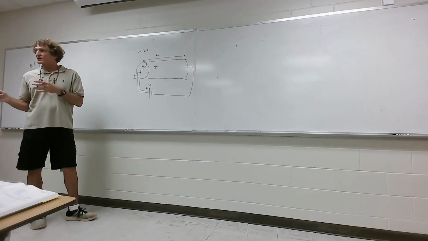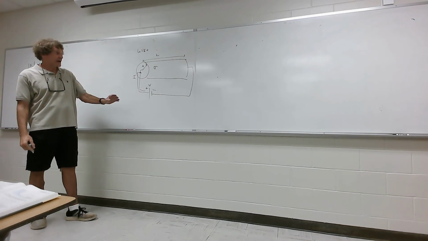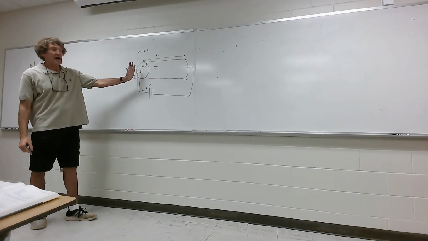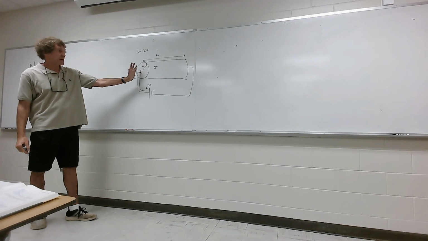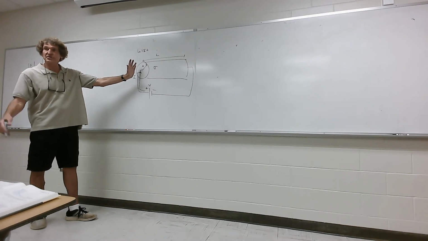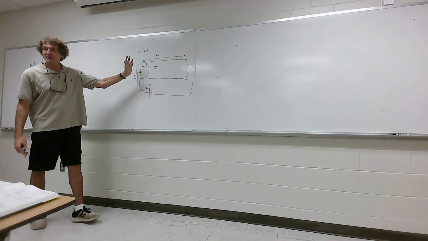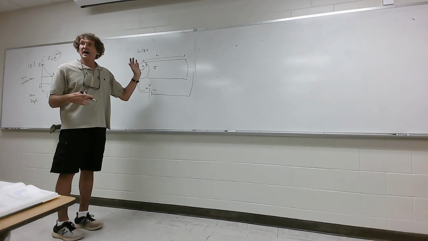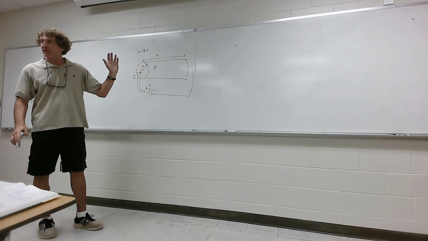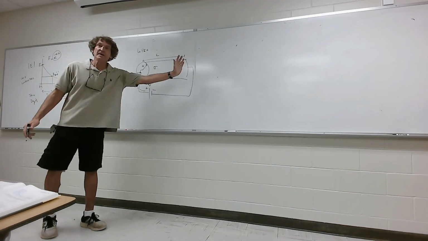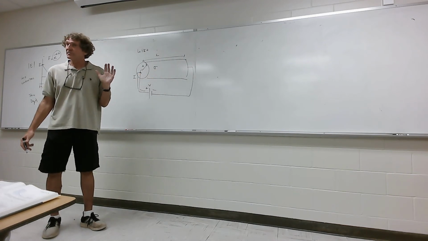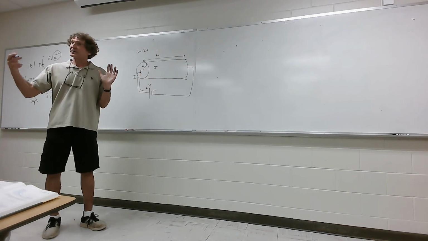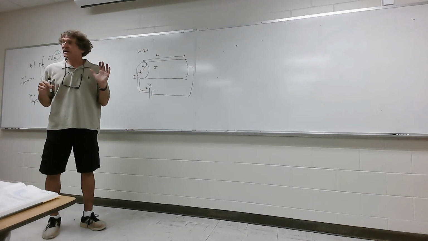I'll just go through this one time by talking. If I is flowing, I over the cross-sectional area, which is pi A squared, would be the current density J. I know J is sigma E, so if I divide J by sigma, now I have the E field, and if I integrate the E field from here to here, I get the voltage. Dividing the voltage by the assumed I, I get the resistance.